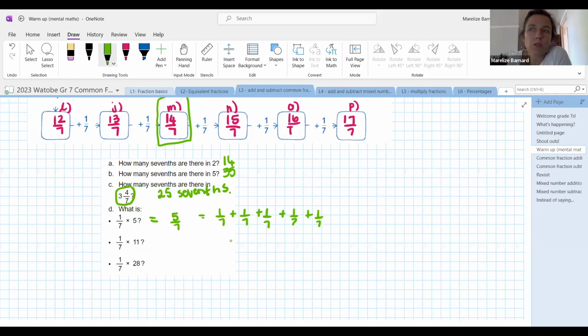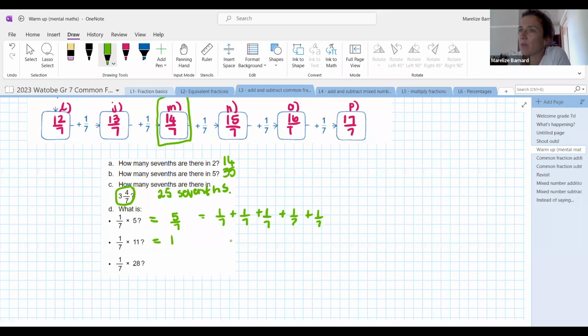So what will a seventh times 11 be? So that's the same as saying I take a seventh and I add 11 sevenths together.